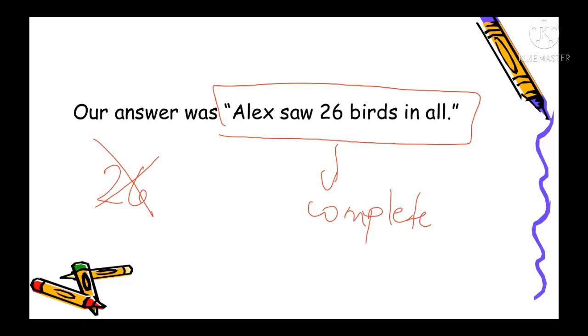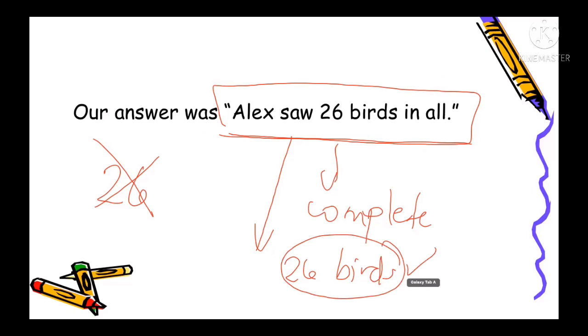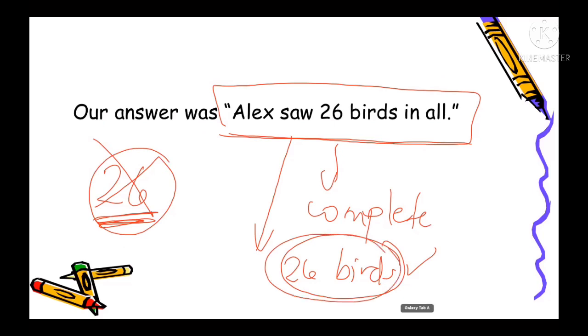If you didn't write "Alex saw 26 birds in all" but wrote "26 birds," then this is also correct, but not just 26, because there is no label. So we need to find the word or phrase to put on the side of the number. Did you understand? So those are our 4 steps.